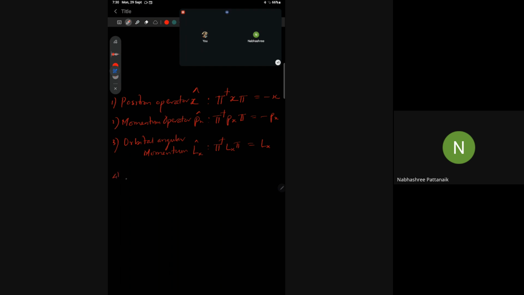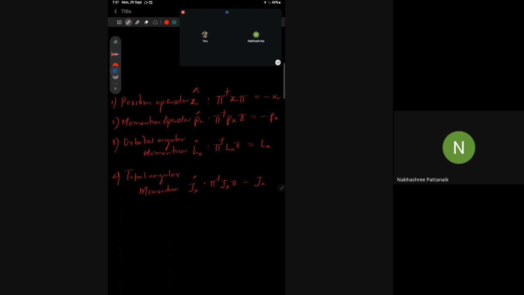Similarly, for total angular momentum Jx, pi dagger Jx pi is equal to Jx.